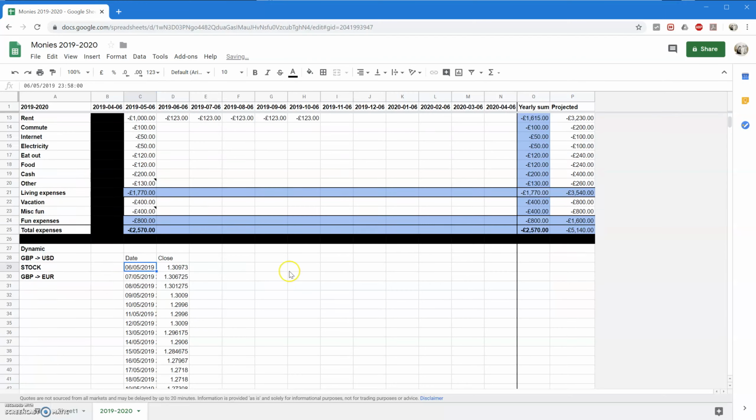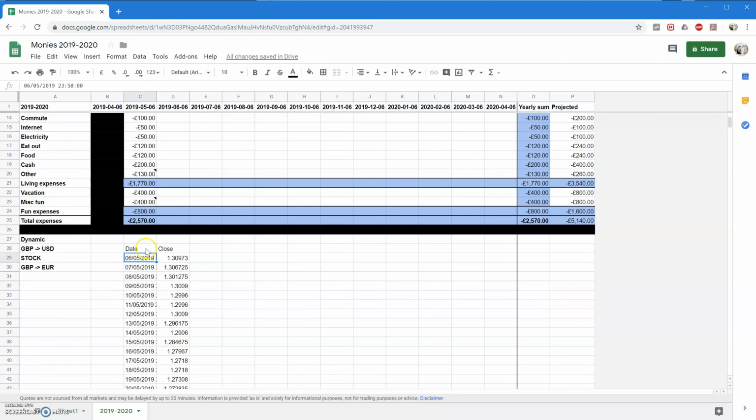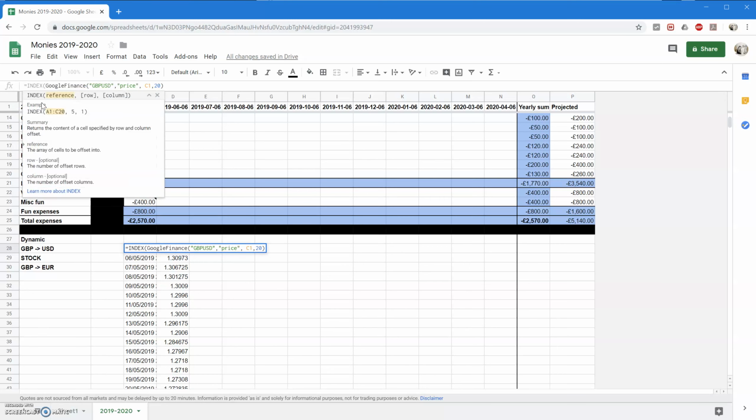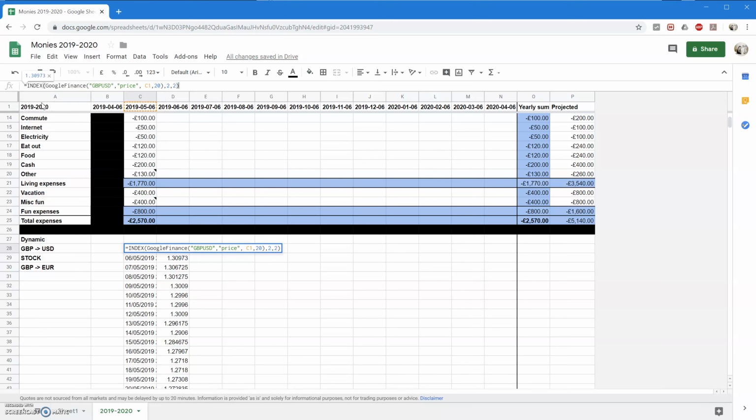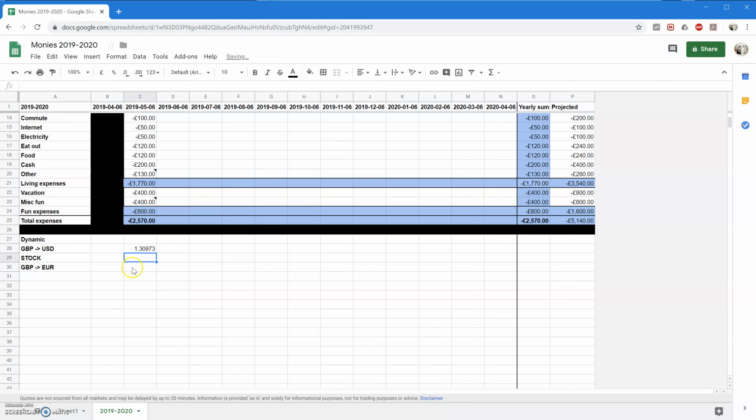So we get 20 days worth of data, even though we don't need it, because what if the day is on a Saturday or Sunday or other non-trading day? Then here we have that.